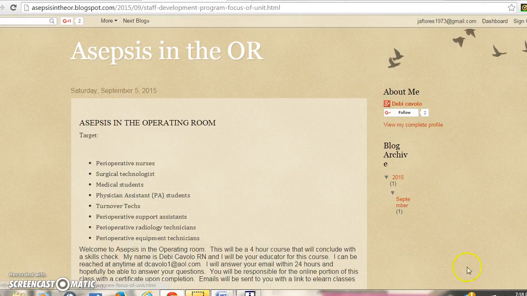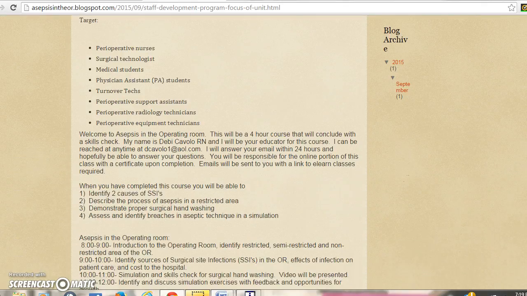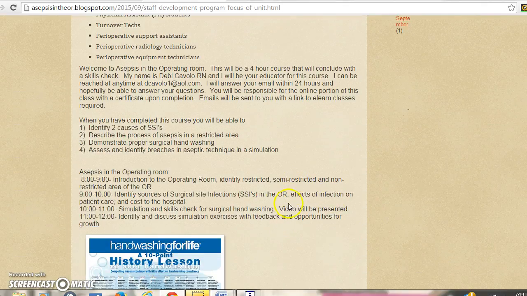And I saw that you gave your students an outline, steps on what was to be done and what sequence it would be done. You put that you would first be giving the introduction to the operating room, identify restricted, semi-restricted, and non-restricted areas of the OR, followed by identification of sources of surgical site infections and effects on infection and patient care across the hospital, which would then be followed by a simulation and skills check for surgical hand washing.